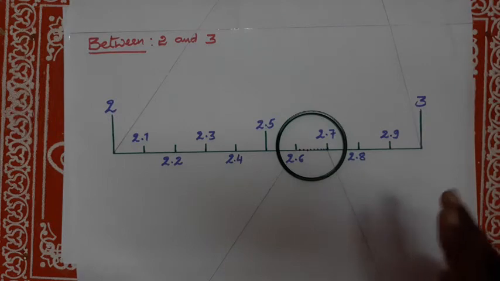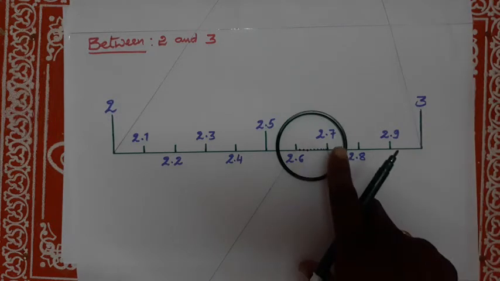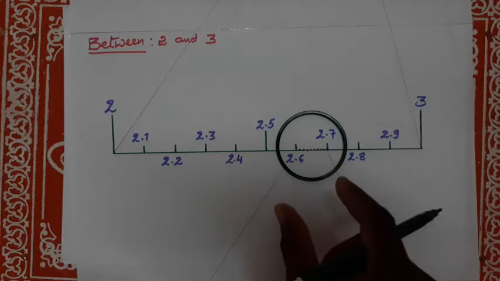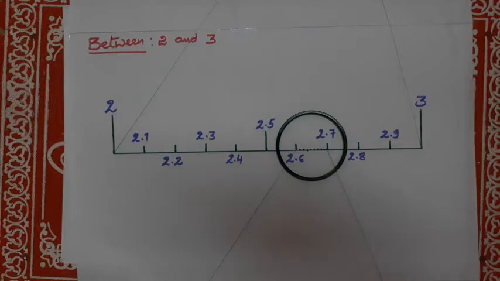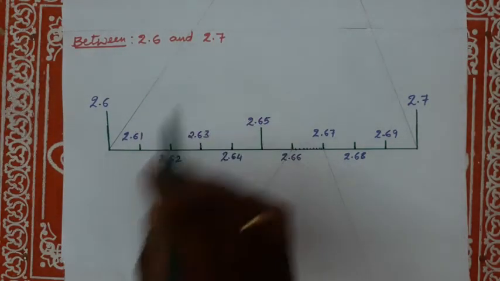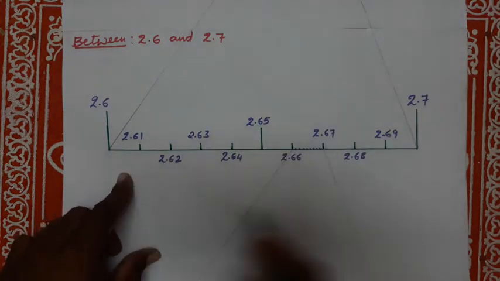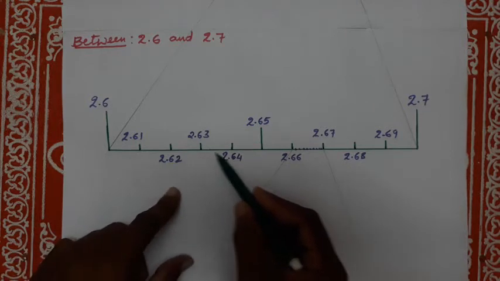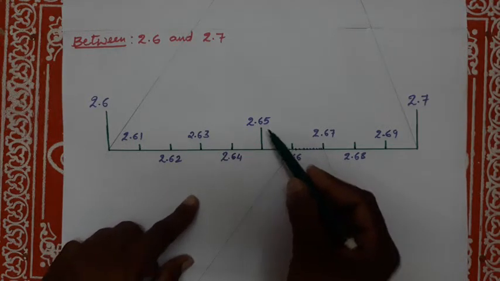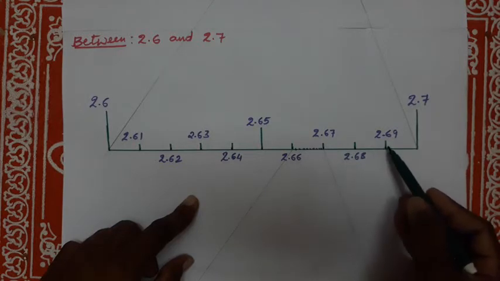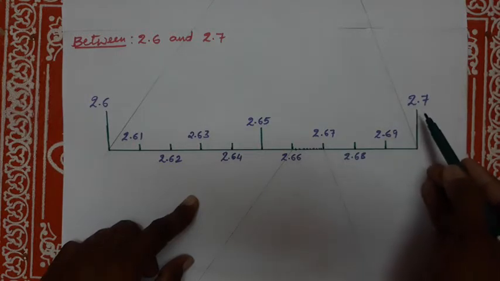2.665 lies between 2.6 and 2.7. See this figure. We imagine dividing this again into 10 equal parts. In between 2.6 and 2.7, again we divide it into how many equal parts? 10 equal parts: 2.61, 2.62, 2.63, 2.64, 2.65, 2.66, 2.67, 2.68, 2.69 up to 2.7.